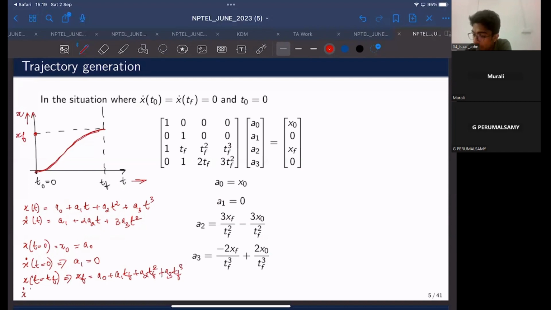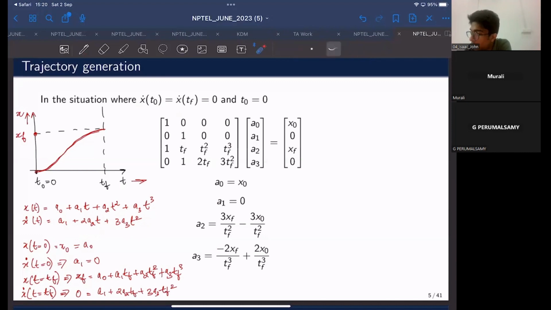X dot at t equals tf implies xf dot, that is also 0 because our initial and final velocities are considered to be 0. If you substitute t as tf in this expression, you will get a1 plus 2a2 tf plus 3a3 tf square.